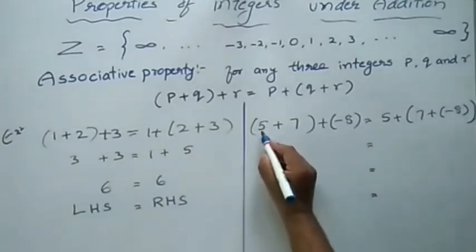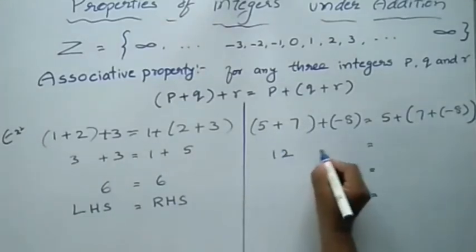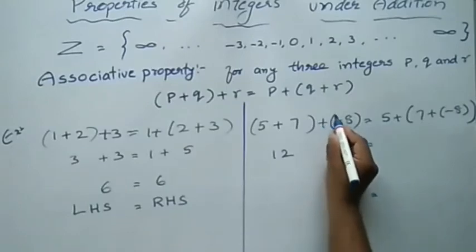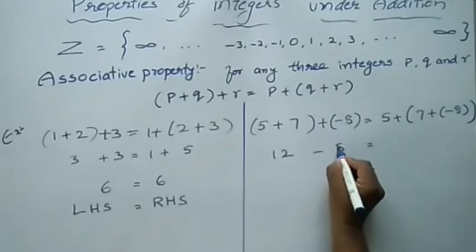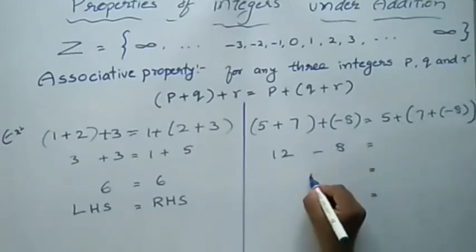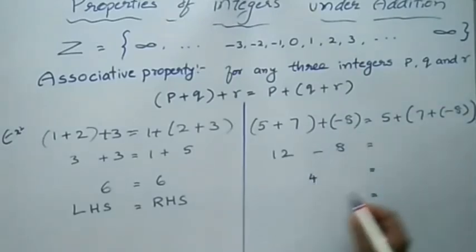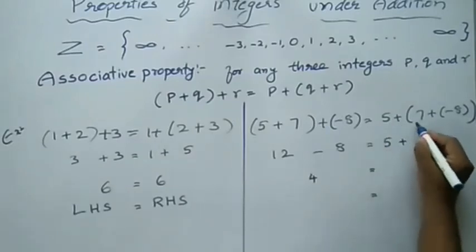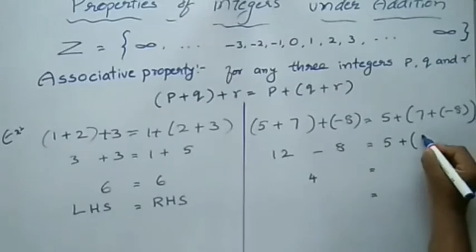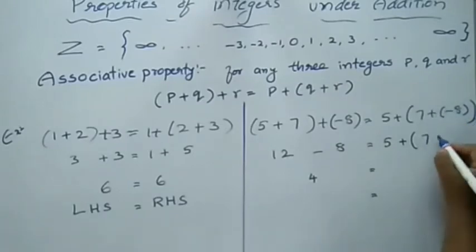Here you can see 5 plus 7 is 12, and plus bracket means half. So plus into minus is minus 8. 12 minus 8 is 4, that's a positive 4. Once we check the RHS side, 5 as it is, plus the bracket as it is, 7 is also as it is, plus into minus is a minus 8.